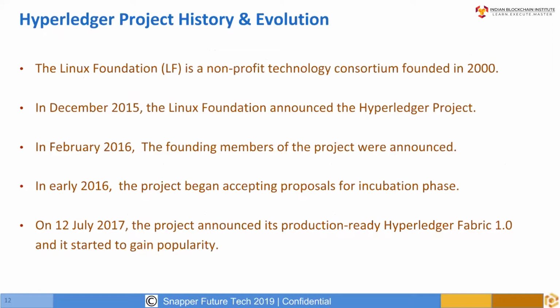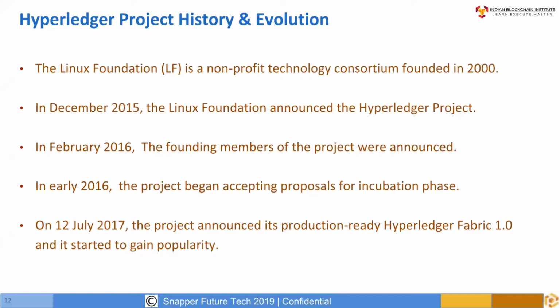In December 2015, it announced Hyperledger as a project. In 2016, the founding members of the project were announced, and you will see who they are. In early 2016, the project began accepting proposals for the incubation phase. On 12 July 2017, the project announced its production-ready Hyperledger Fabric 1.0 and started to gain popularity.